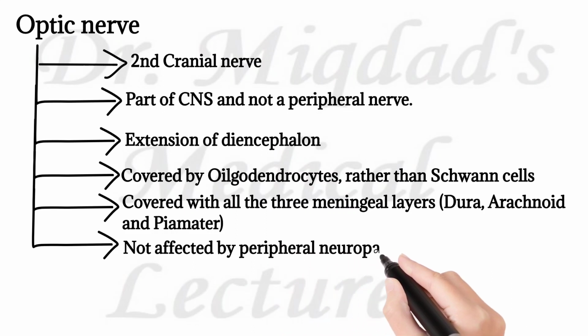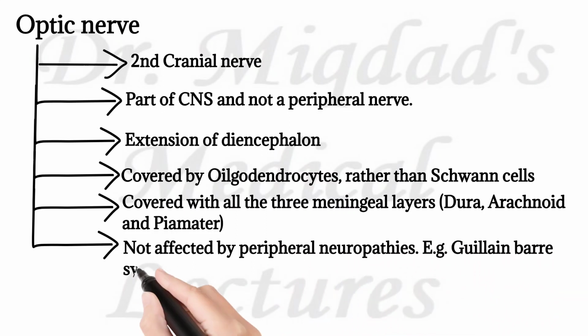For example, Guillain-Barré syndrome. Some people pronounce it differently. Anyway, however you pronounce it, one thing is sure: it is not going to affect the optic nerve.